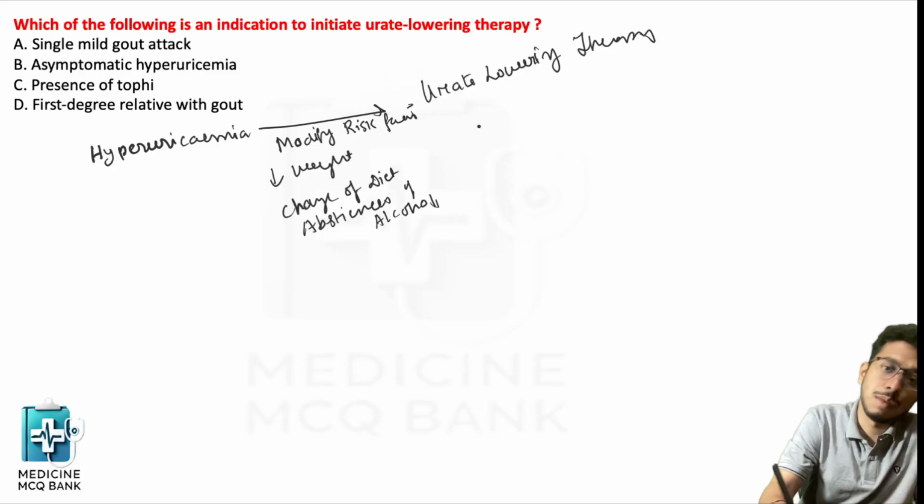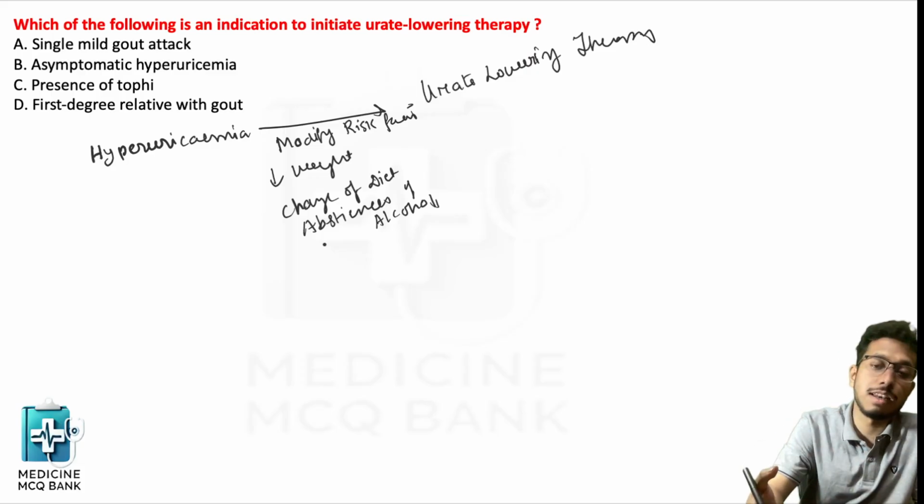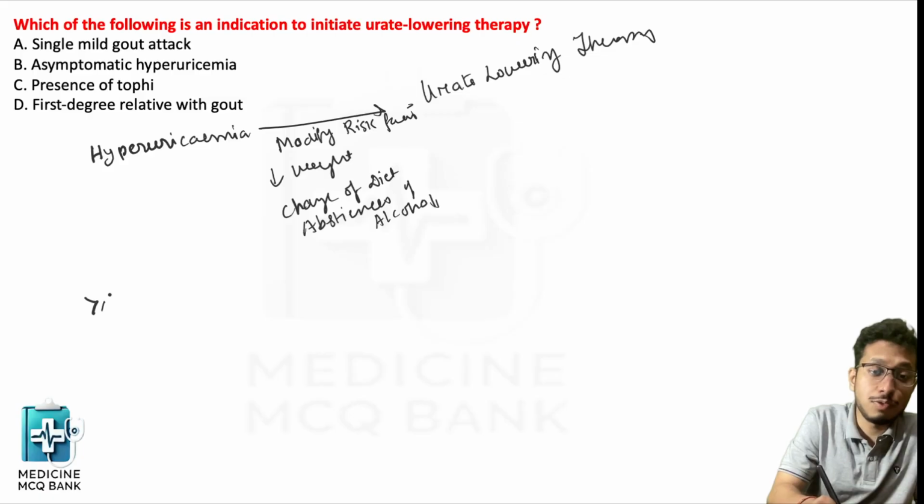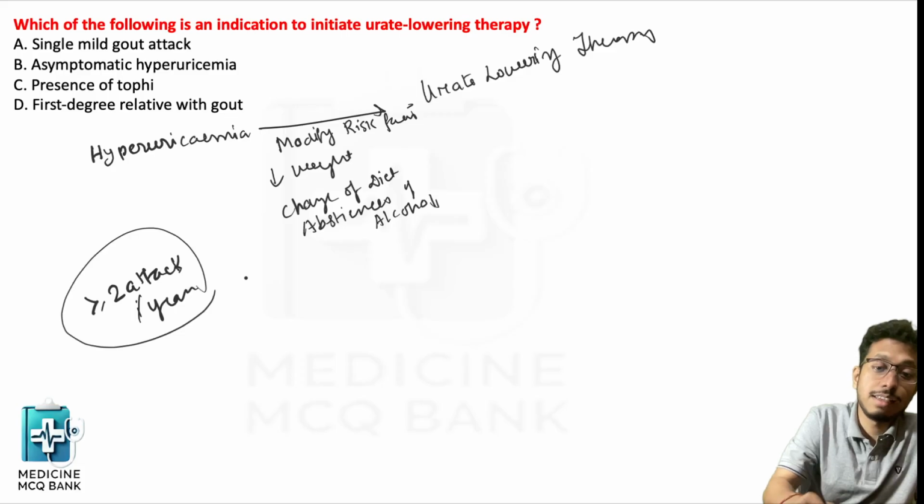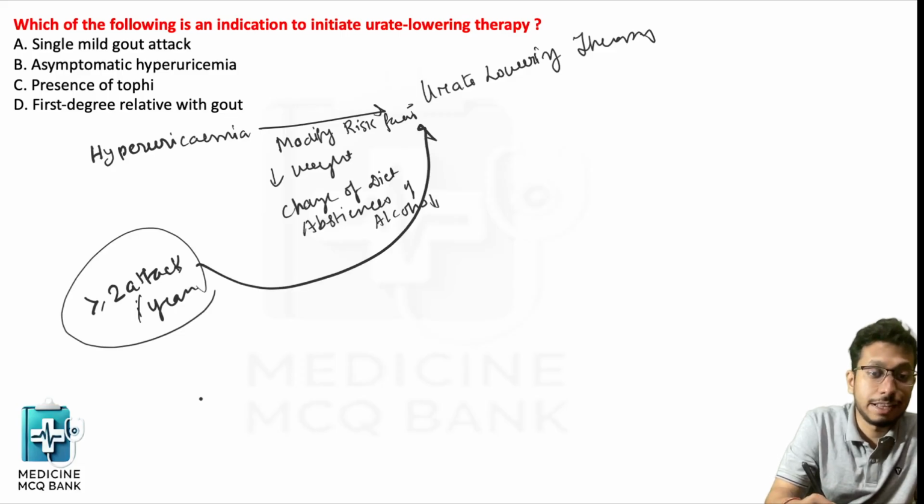Now, suppose the patient was successful in lowering the uric acid level, but there was still an attack of gout. Not only once, at least around 2 attacks per year are still happening. In such cases, you also need to start urate lowering therapy.